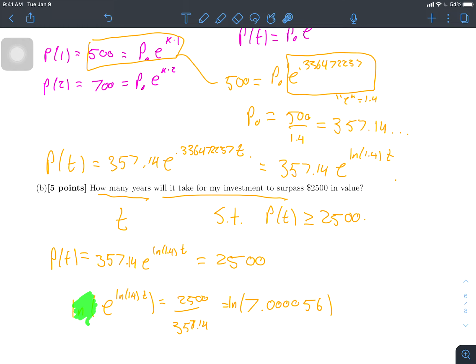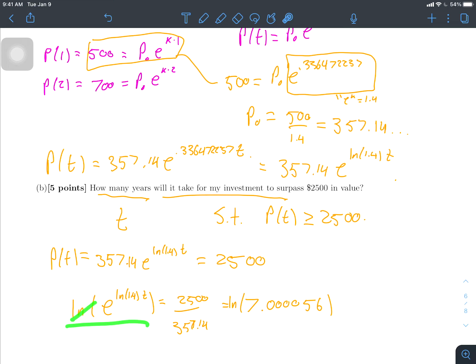Okay, so then what am I left with? Forget about this ln for a moment, I'm left with e to the ln of 1.4t is equal to 2,500 over 357.14, which is just about 7. Okay, so to get t by itself, now that I've isolated this e to the power, I just apply the natural logarithm, okay?